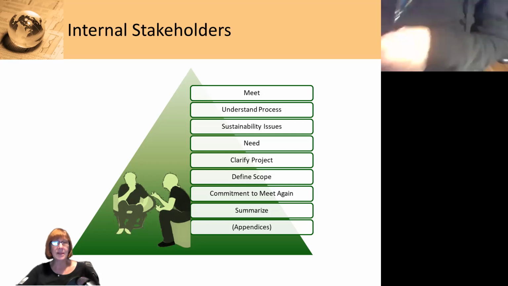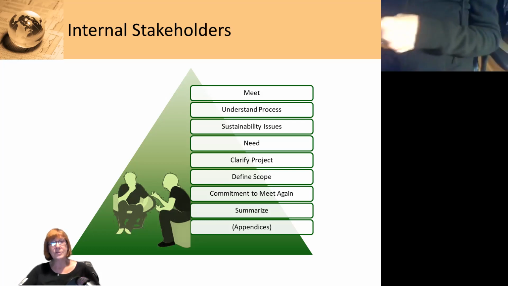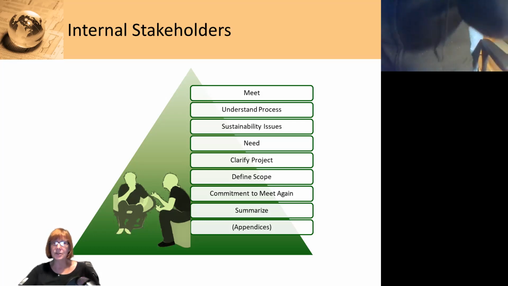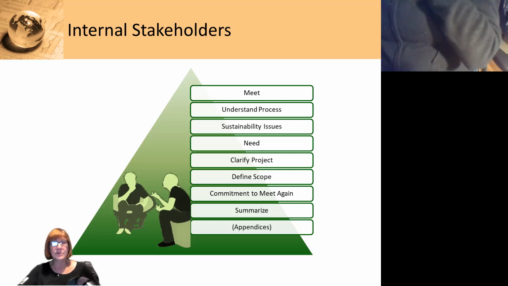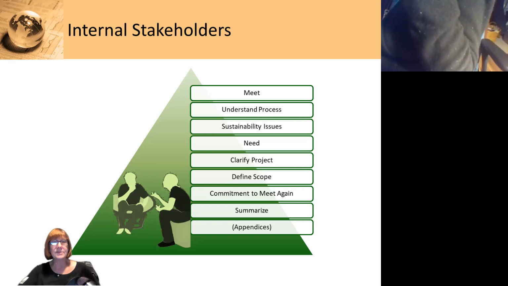And then you'll also probably want to talk with them when you have recommendations, so that they can give you some direction on which recommendations are most likely to be successful. So that's your commitment to meet again. And then you summarize it. So those are the things that you want to cover in your stakeholder meeting.